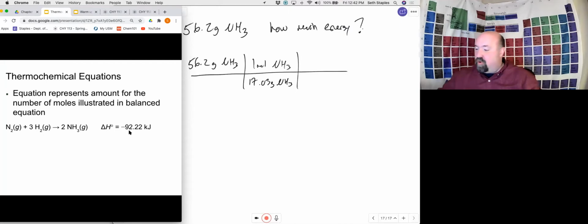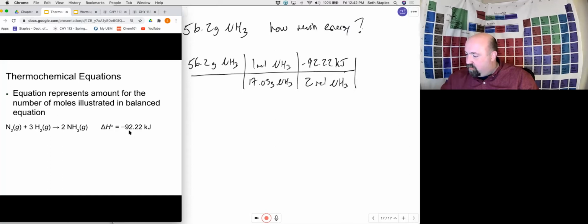Then we're going to use our conversion factor, which tells us we release negative 92.22 kilojoules of energy for every 2 moles of NH3, directly from our thermochemical equation. So we put this into our calculator, 56.2 divided by 17.03 times negative 92.22 divided by 2.